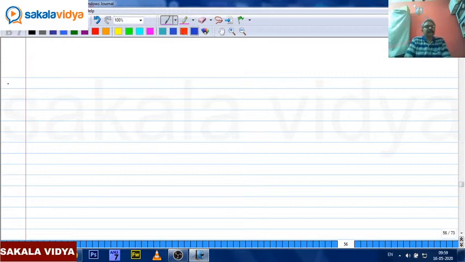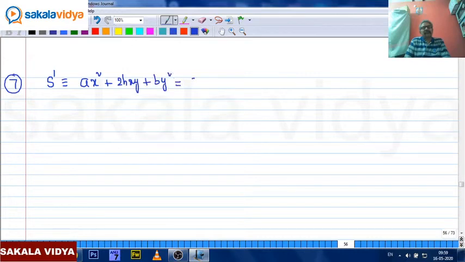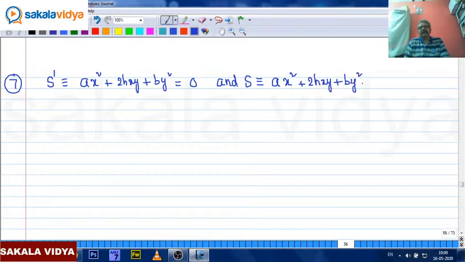Okay, seventh one. S dash equals ax square plus 2hxy plus by square equals to 0, and s equals ax square plus 2hxy plus by square plus 2gx plus 2fy plus c equals to 0.